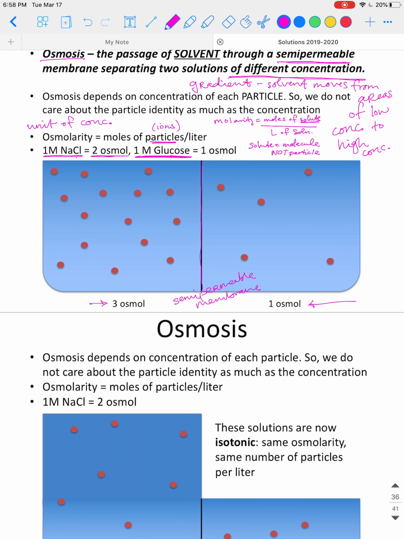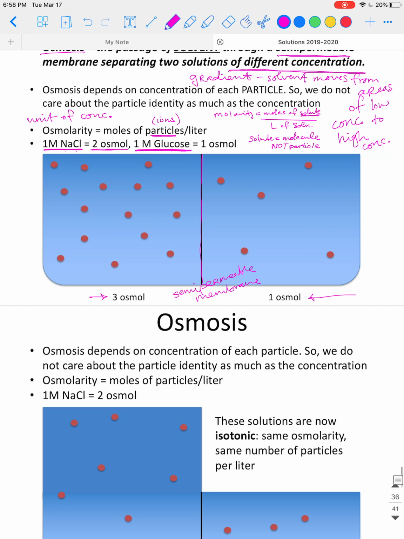This side, if you count up all the red spheres, we have 15 red spheres, so we're going to say it's 3 times as concentrated as the right side of the semi-permeable membrane, which only has 5 red spheres. Okay, so we say it's 3 osmoles over here, 1 osmole over here, just to represent that this left side is 3 times more concentrated with the number of particles present than the right side.